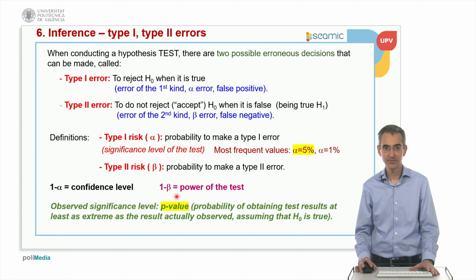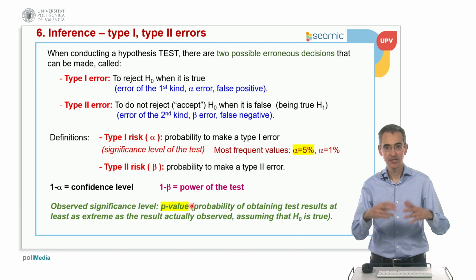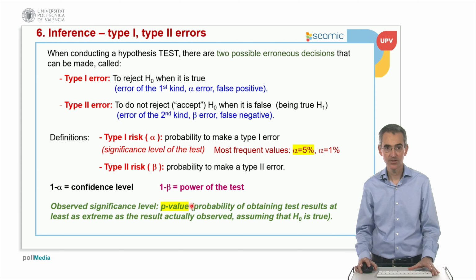Then we have also another definition, the p-value. The p-value is very important, especially if we use statistical software, because nearly all statistical software used for inference provides this p-value, which is also sometimes called the observed significance level.